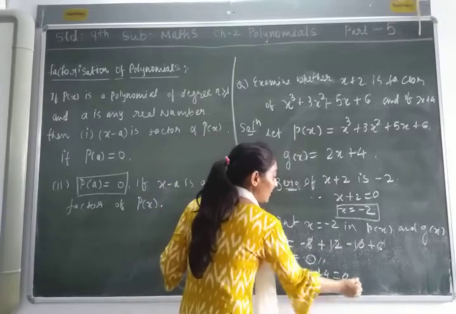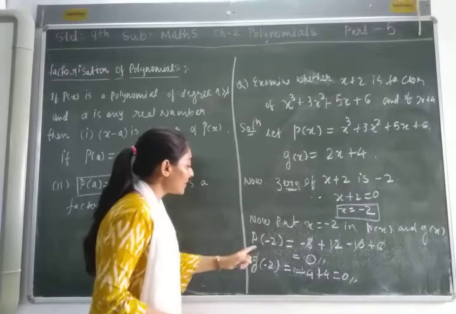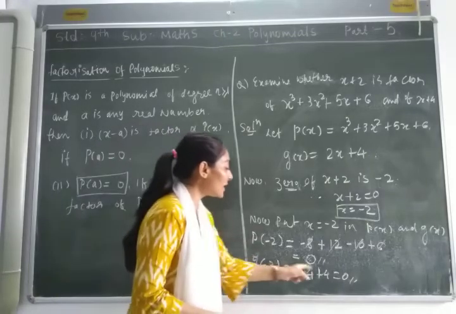So when I replace my x with minus 2, I am getting both equations equal to 0.